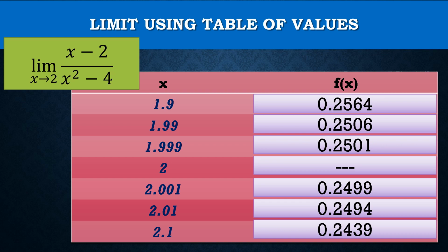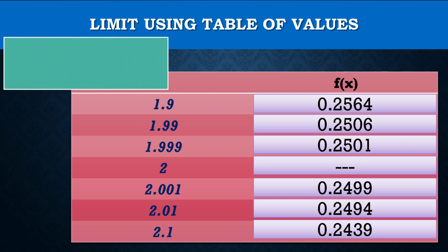So dito, from left tayo, 0.2564, naging 0.2506, naging 0.2501, and it is approaching 0.25. That is the estimate value for your f of x as x equals 2. How about the value of your f of x as your x approaches 2 from the right naman? From 0.2439, naging 0.2494, naging 0.2499, and it is approaching 0.25. Thus, the limit of the function as x approaches 2 is 0.25.